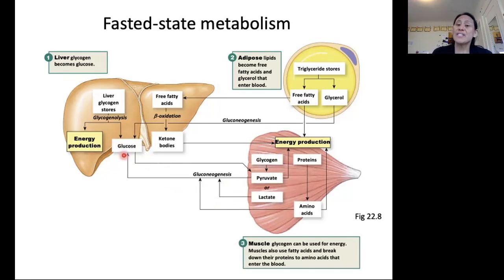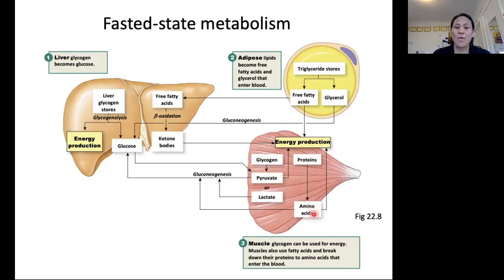Okay. Additionally, if we are running low on free amino acids floating around in our bloodstream, what we can do is break down the protein that is in our muscle. That protein, when we break it down, will give us individual amino acids.